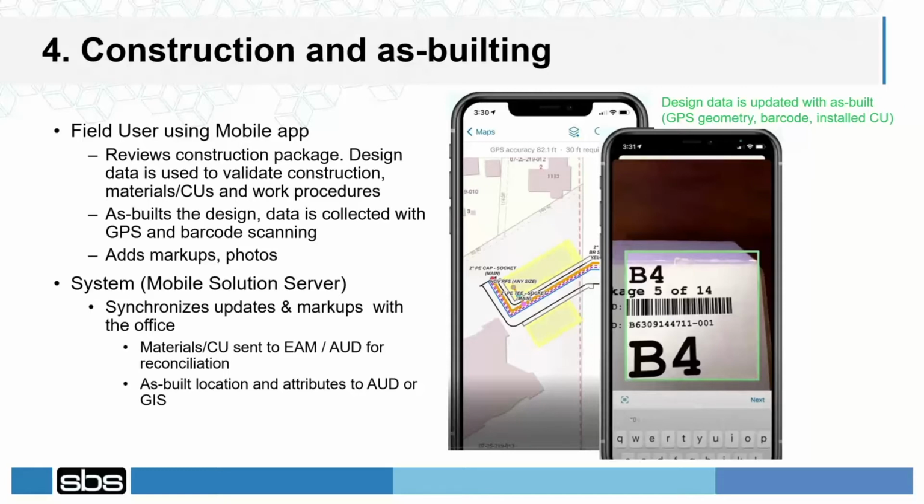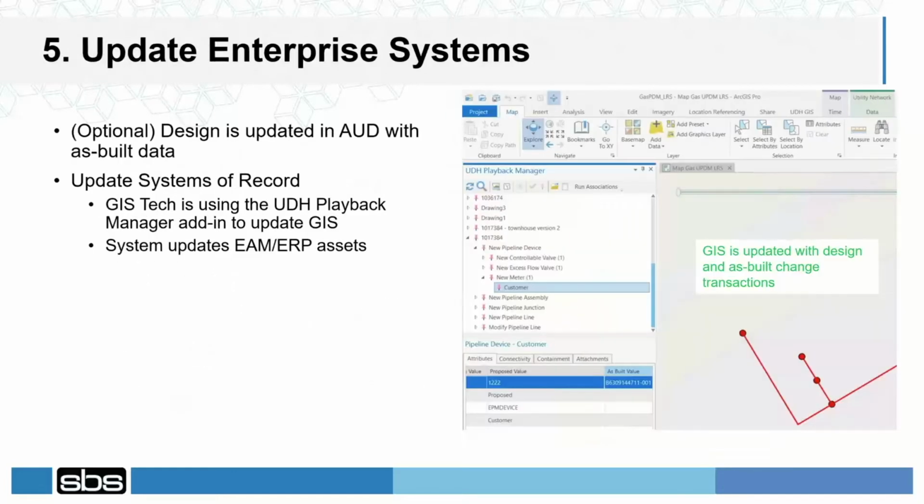And that's the last step where, in this case, we show how GIS technician would use collected in the field records, in this case, as the value of scanned asset ID to update the GIS and using Utility Data Hub Playback Manager.